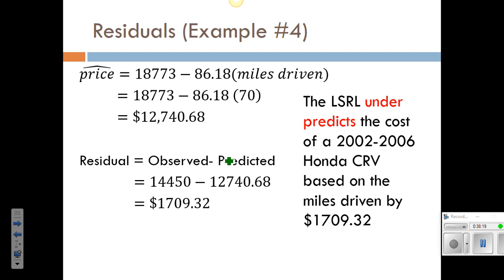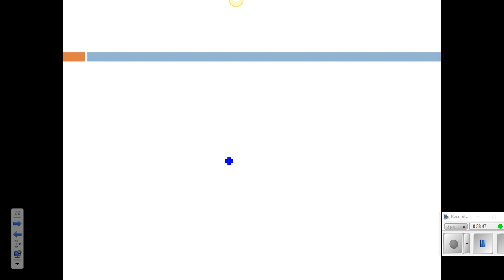We should probably specify something about 70,000 miles driven, if that makes sense. This statement referred to the whole thing instead of just that number of miles driven. It should be specific. We should probably narrow that down.